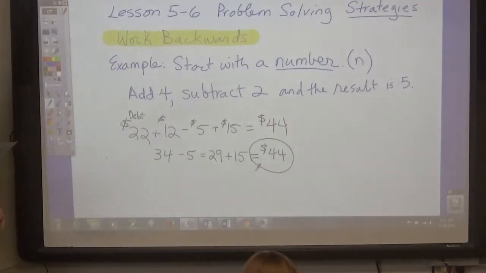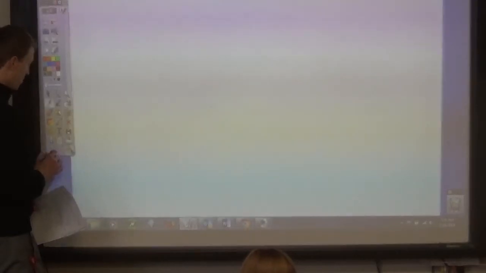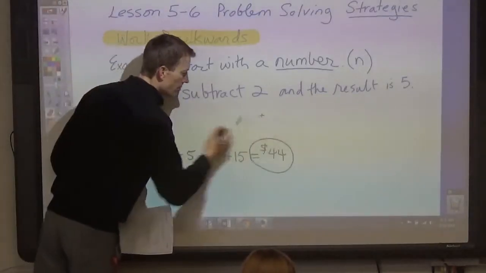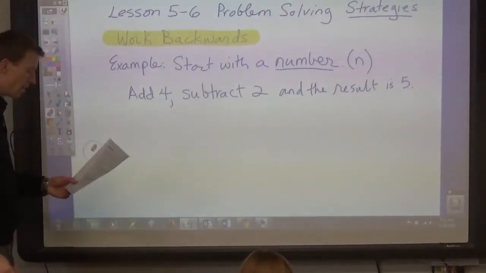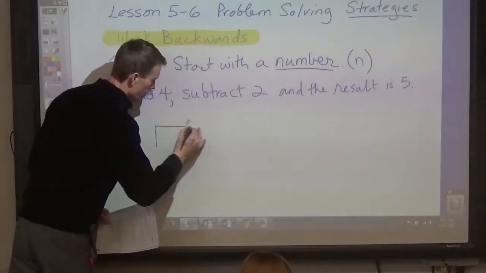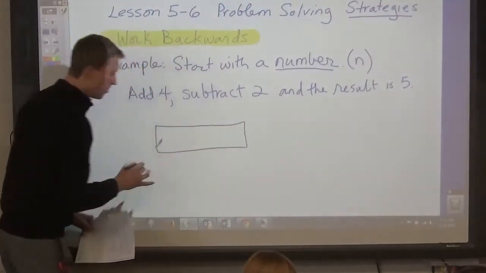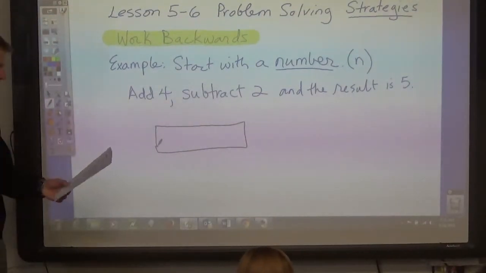Yuki, Molly, Brandon, and Anna share an apple pie for dessert. Brandon eats half of the amount that Molly eats. This is another fraction equation. So draw a box that represents the entire apple pie dessert. So everybody do that. Brandon eats half of the amount Molly eats.